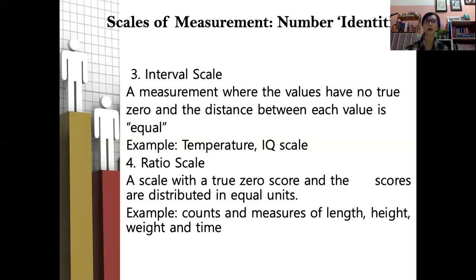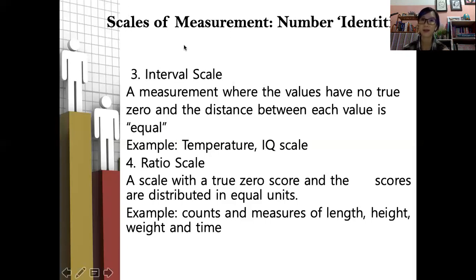Ratio scale. Ratio scale has a true 0 score and the scores are distributed in equal units. Later on, you will learn that interval and ratio scale, they use the same types of statistics. So that's why later when I introduce you to software like SPSS, when talking about scales of measurement, we have only 3.